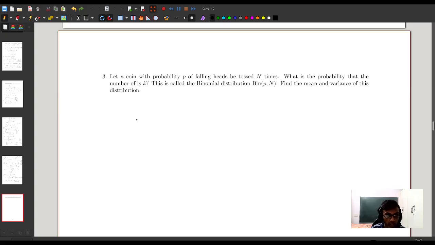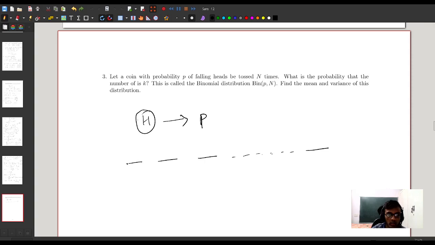So we have again a coin whose probability of falling heads is p. This coin is tossed n times. So the random variable here, let's call it x, is the number of times heads appears.